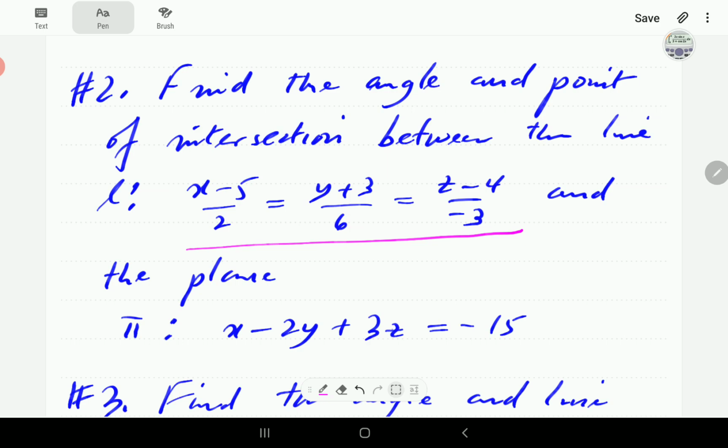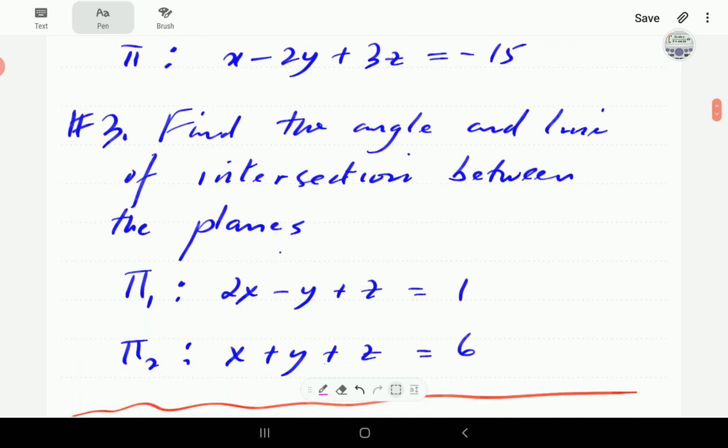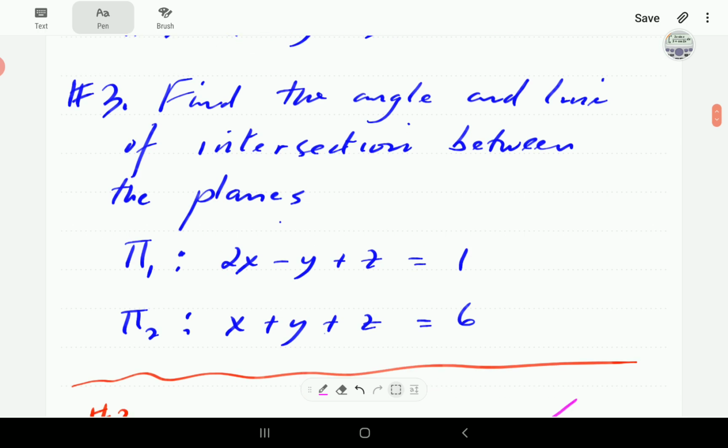So the thing to do if we're finding the point of intersection, you can see we have three variables here and three variables here. If we try to do it using the x, y, z variables, it's really going to be a bit complicated.